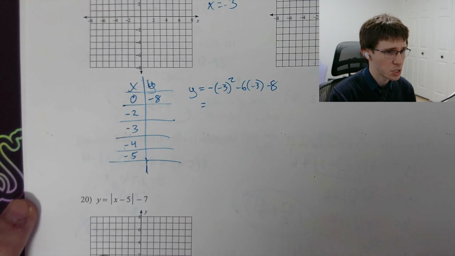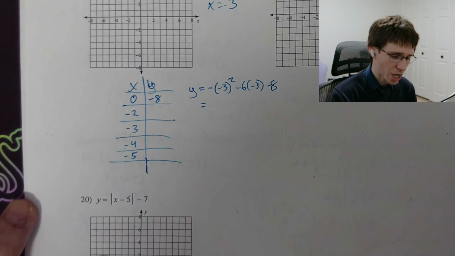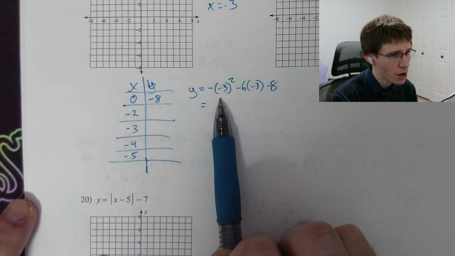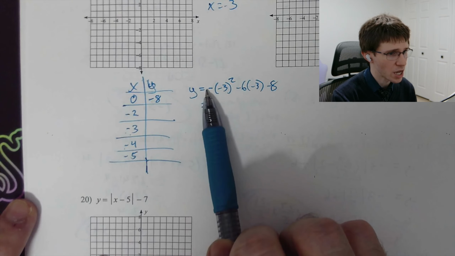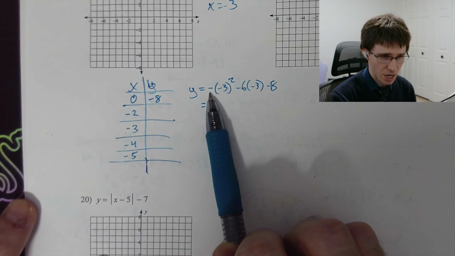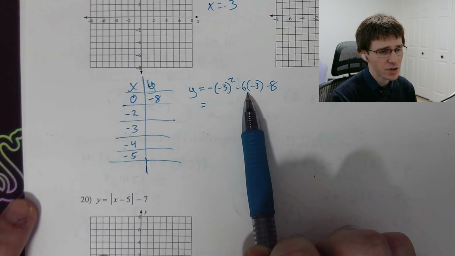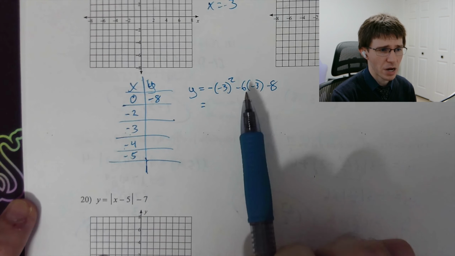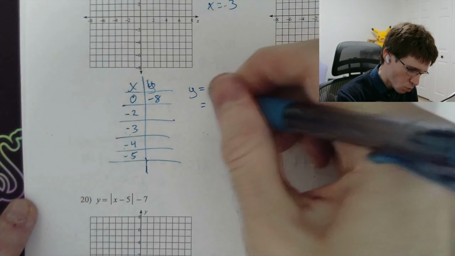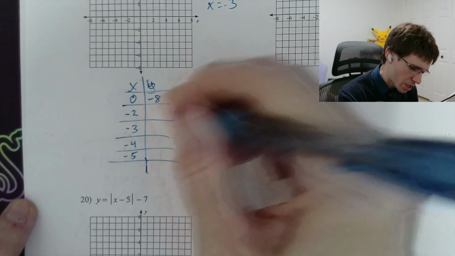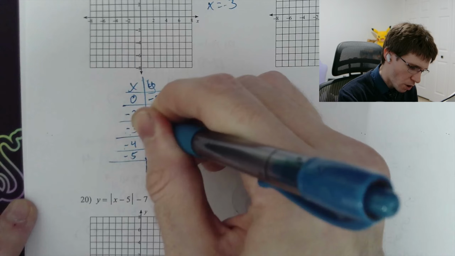If you want to try to do these in your head, you can. Here's how you could. -3 squared is +9. There's a negative on the outside, so this is -9. Then -6 times -3 is +18. -9 plus 18 is +9. +9 minus 8 is 1. So in other words, you have the coordinate -3, 1.